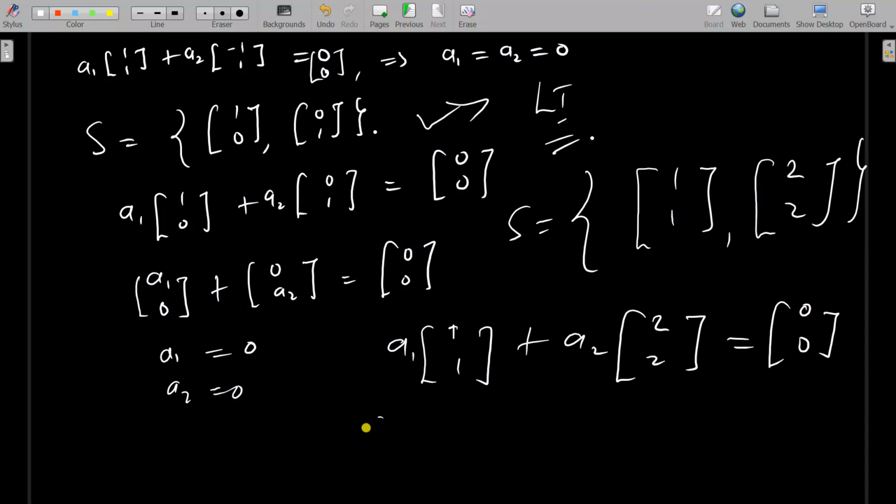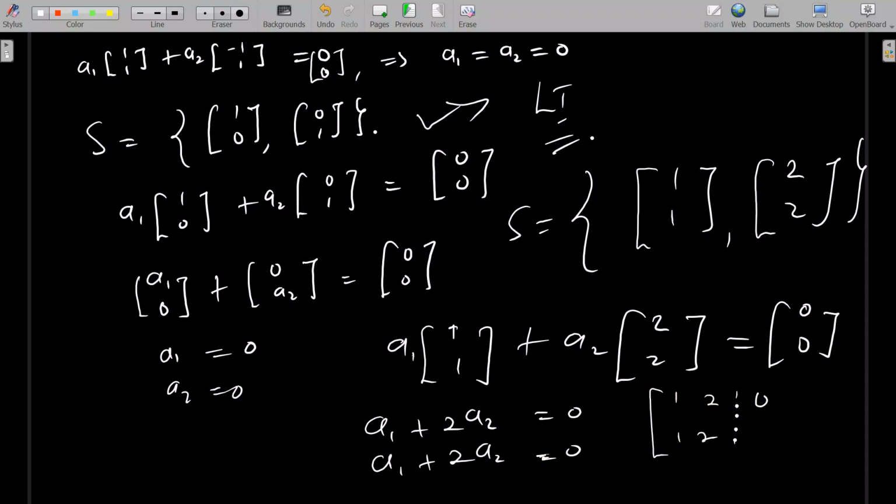What I'm going to get is a1 plus 2a2, then a1 plus 2a2 again. This is 0, this is 0, right? And if you do the matrix, the matrix you get will be 1 2, 1 2, and then you reduce it with the zeros argument as well.